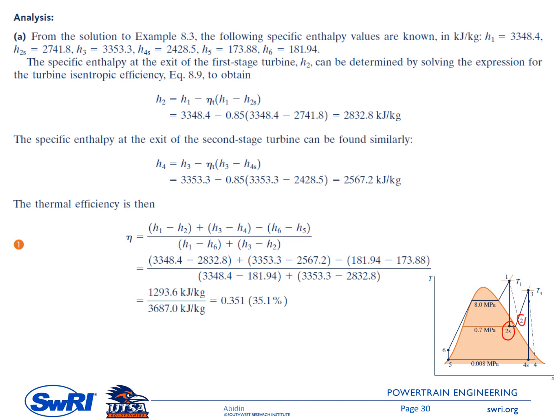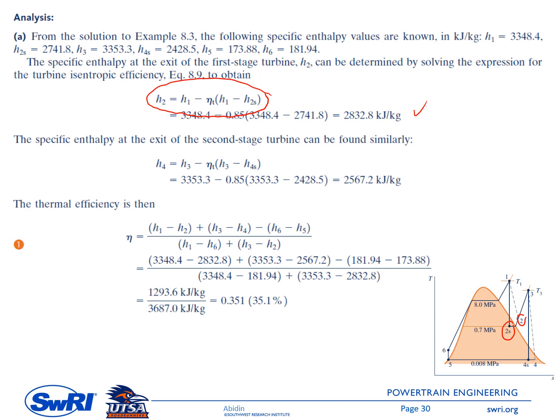Looking at this T-S diagram, point 2 is outside the dome, so it is a superheated vapor. To calculate h2, we can use the turbine efficiency formula, this one. h1, h2s, and the turbine efficiency are given, so then you can calculate h2.